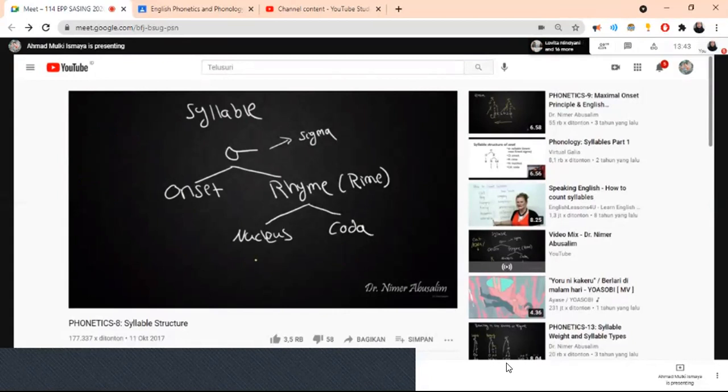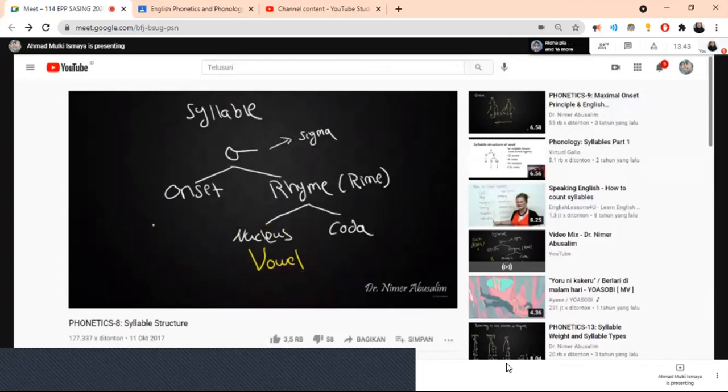Now, generally speaking, what goes into the nucleus position is the vowel, but not only vowels. So what we want to say is that it is the element that is highest in sonority. Sonority basically means loudness. So vowels are the highest in sonority, but also some consonants. Keep that in mind. We'll talk about this later. For now, though, let's just say that the vowel always takes the nucleus position.